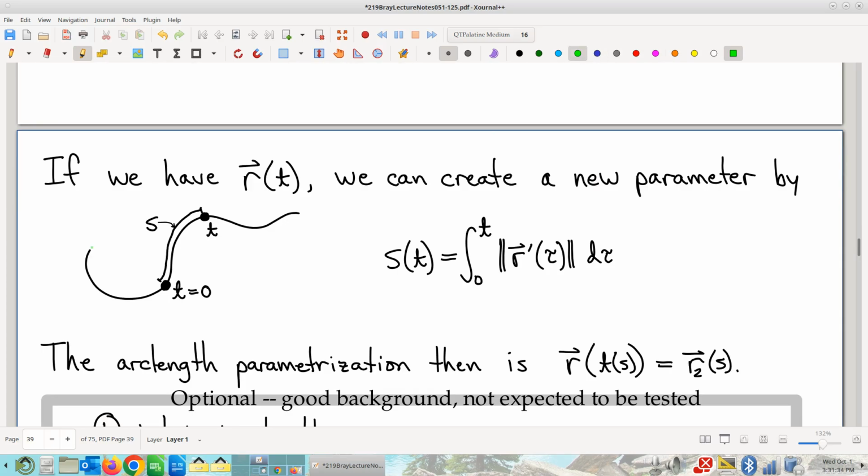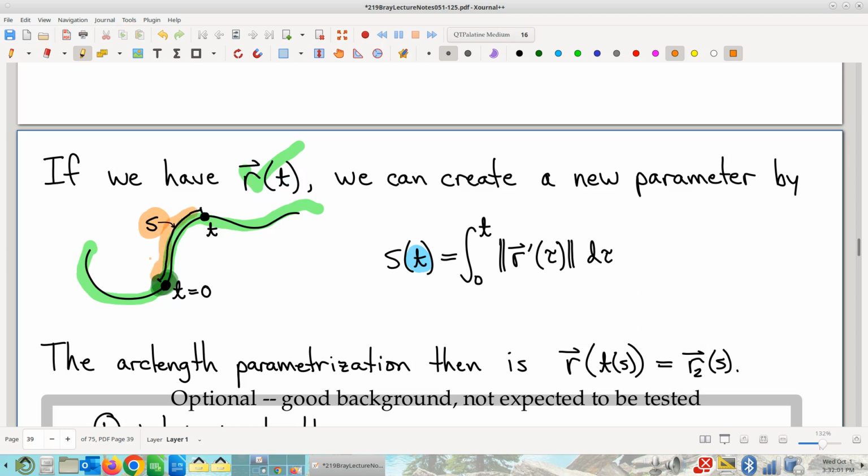Given a parametric curve, we already have a parameterization. Position is a function of time. And by the way, we're going to set a base point. That's where we're going to call T equals 0. Let's just nail that down arbitrarily. At a given moment in time, I can compute the corresponding distance.